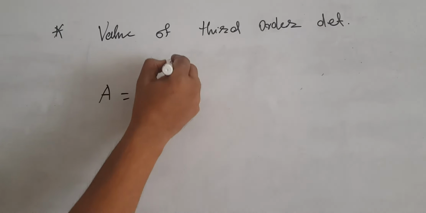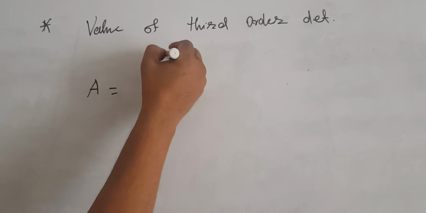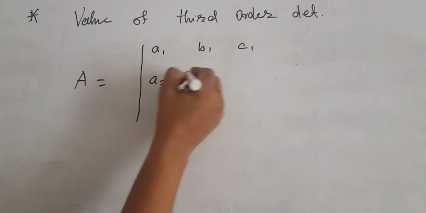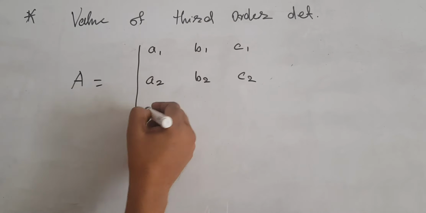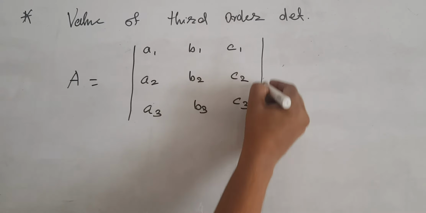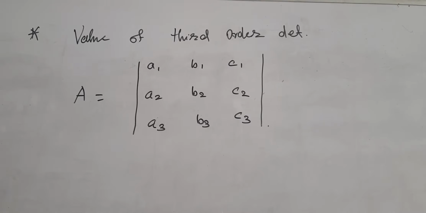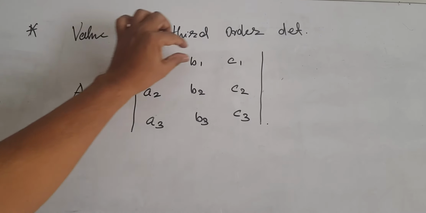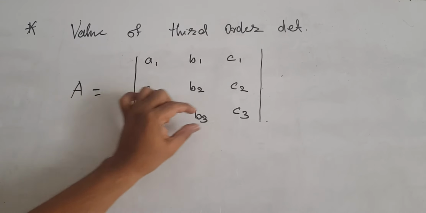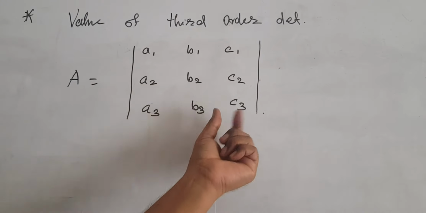Suppose my determinant A is given as a1, b1, c1, a2, b2, c2, a3, b3, c3. Okay? How many rows? a1, b1, c1 is the first row, a2, b2, c2 the second row, and the third row. First column, second column, third column.